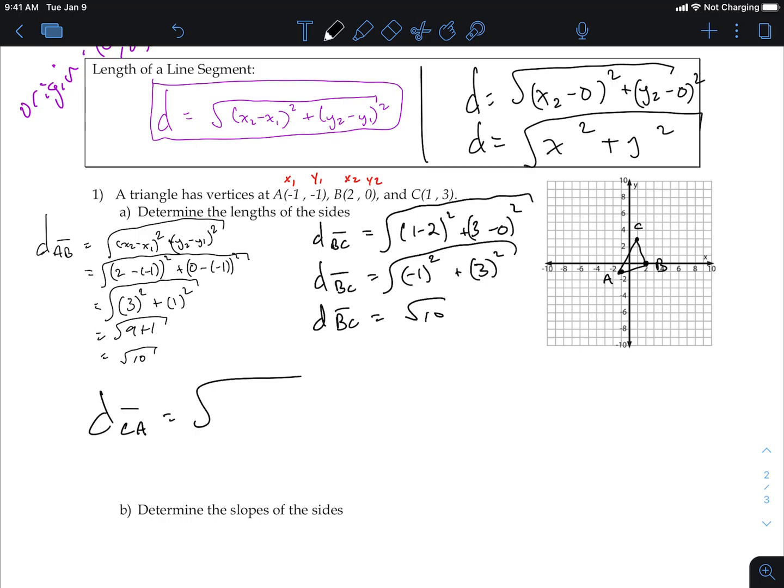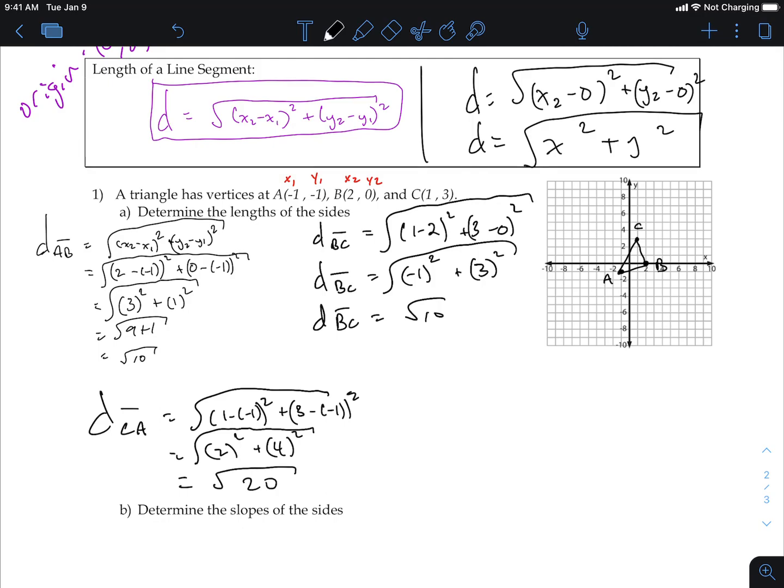It's going to be equal to the square root of 1 minus negative 1 squared plus 3 minus negative 1 squared, which equals 1 minus negative 1 is 2 squared, 3 minus negative 1 is 4 squared, square rooted, which is going to be equal to square root of 20. Okay?